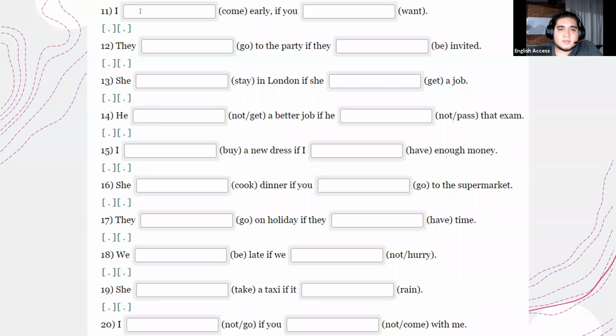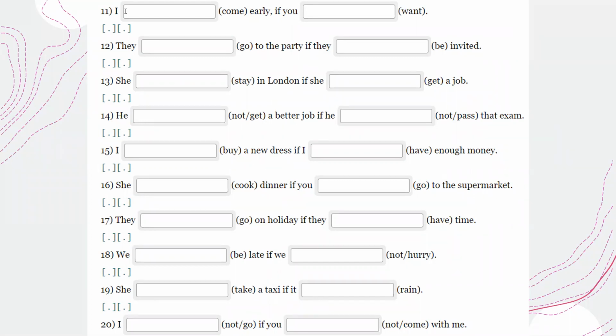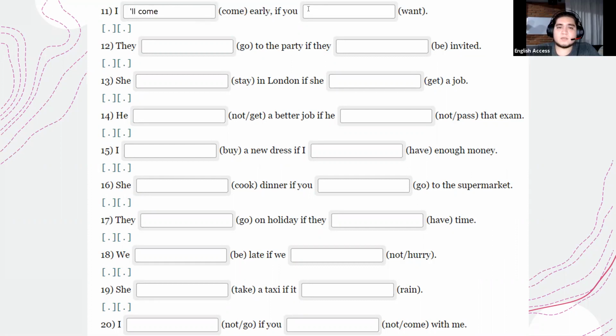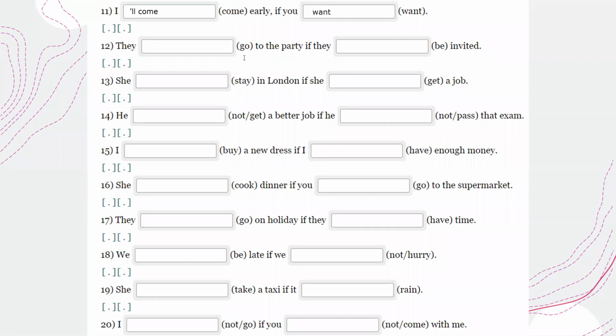Number 11. I will come early if you want. I'll come early if you want. Perfect. 12.